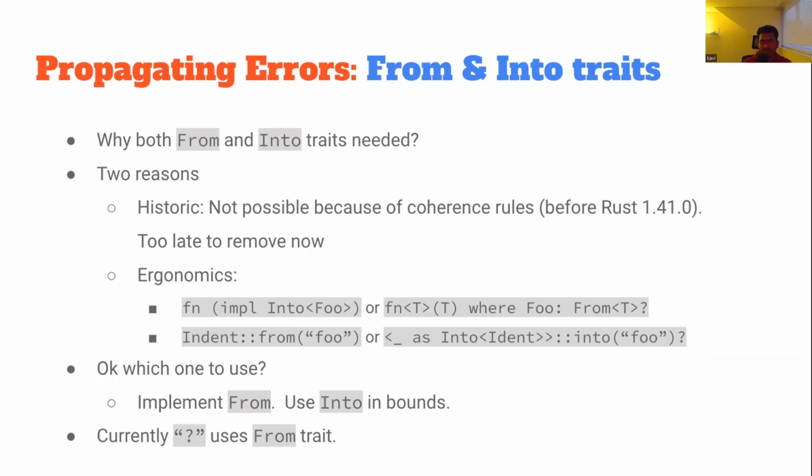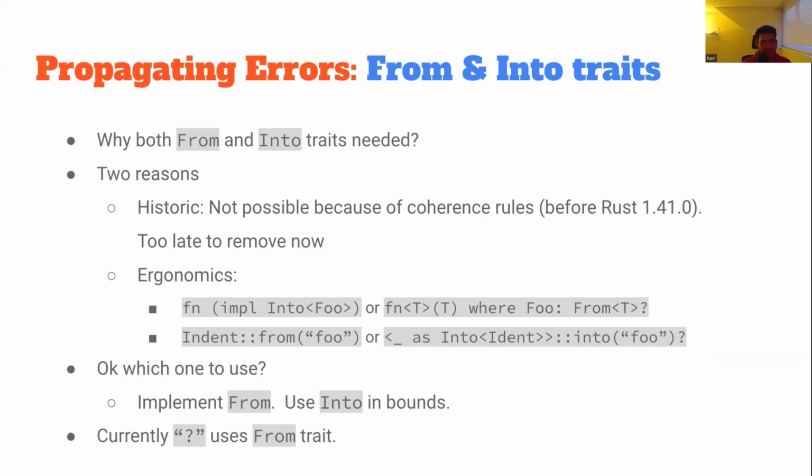So given these two traits, how do you pick? A simple rule of thumb that Jan recommends is, whenever you want to implement a conversion, you just implement From, because I think there is a blanket implementation which also gives you Into. But the Into trait goes well with the bounds in your API, as a return type or in arguments. So it's better to use Into in the bounds of your types.